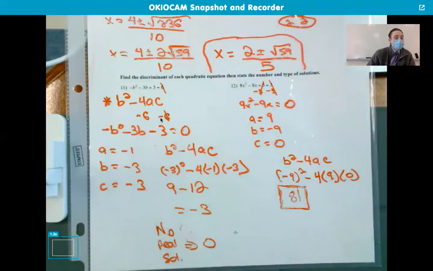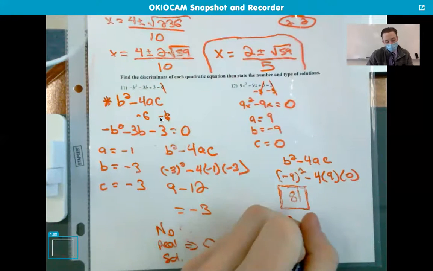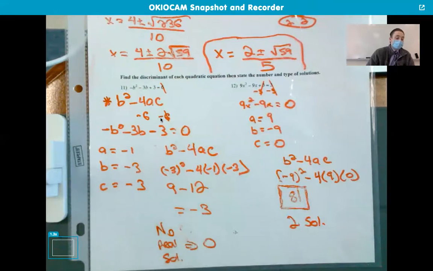And if that's the case, how many solutions should I have? 2. Because it's a positive number. So again, just to recap, positive number, 2 solutions. If it equals 0 exactly, 1 solution. If it's a negative number, no real solutions.